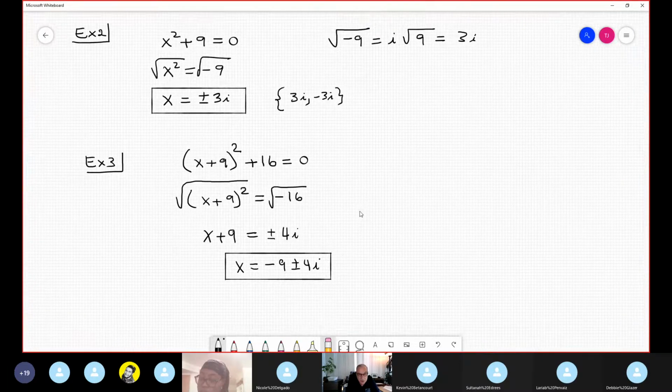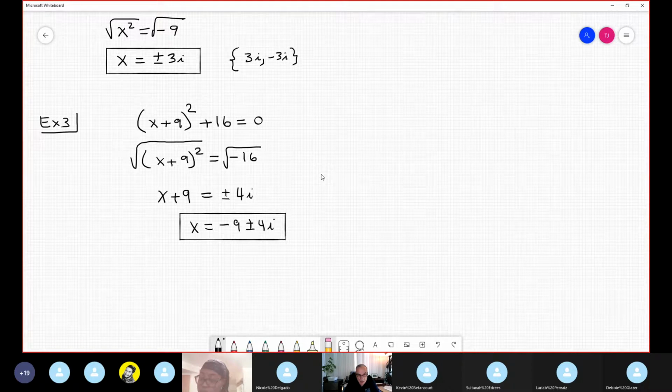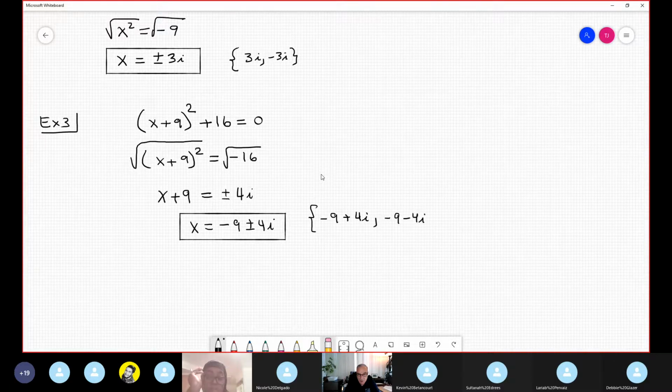Now, if you want, for example, to visualize them separately, the solution set is negative 9 plus 4i, one solution, comma, negative 9 minus 4i, the second solution. That's it. End of the story. Either way, I prefer that way because it's more compact.